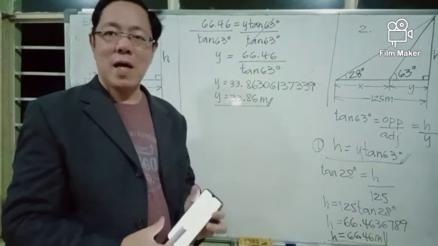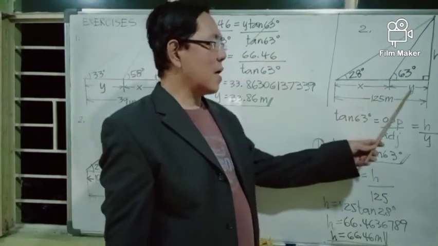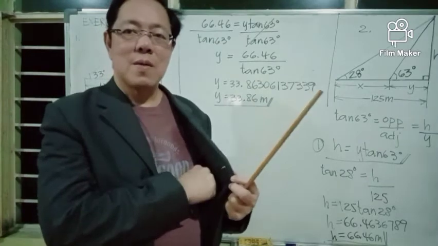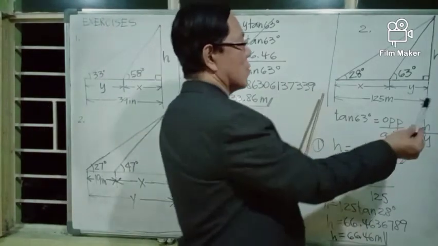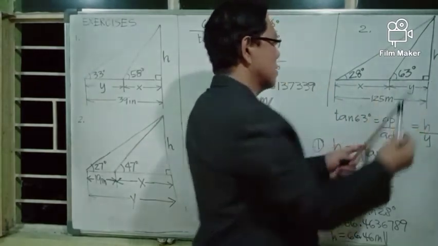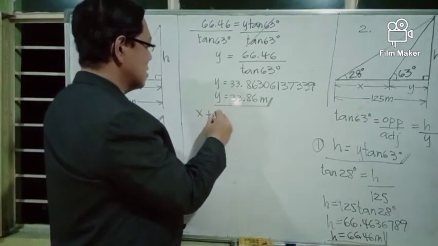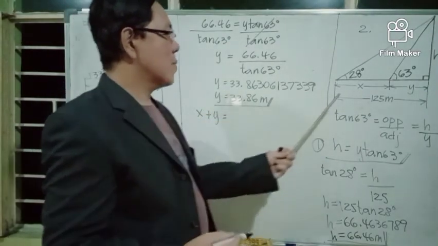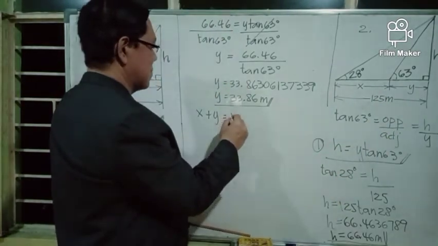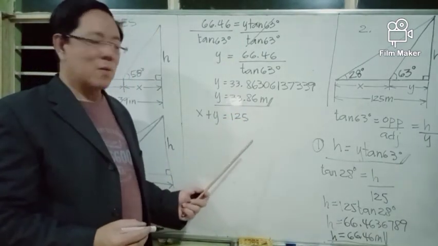Now we can solve for x by writing the sum of x and y equals 125 meters. From the diagram, you can see that 125 is equal to x plus y. This is a linear equation in two variables x and y.